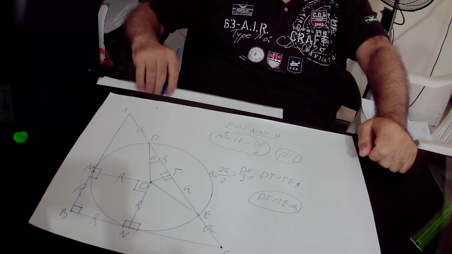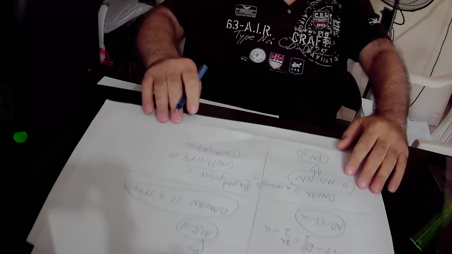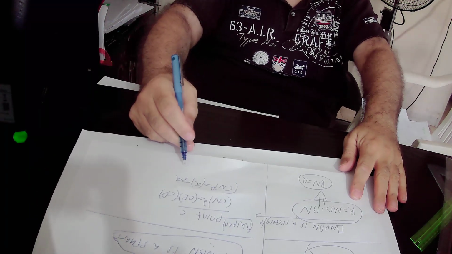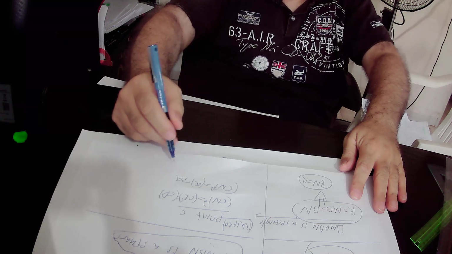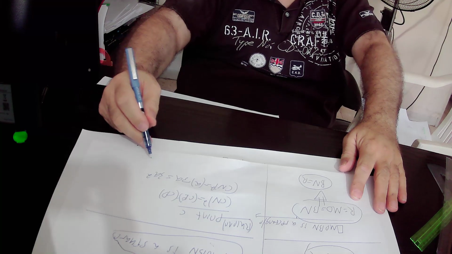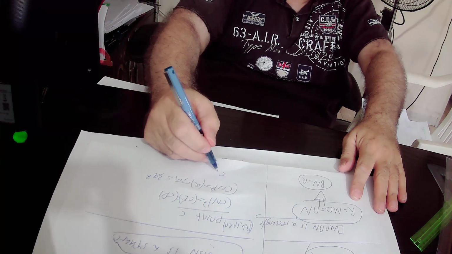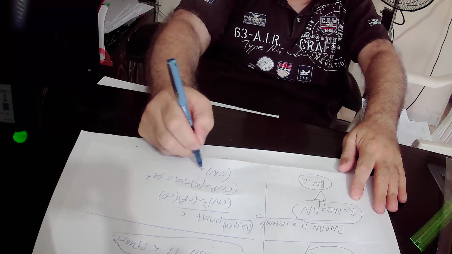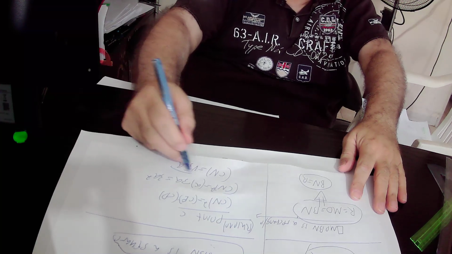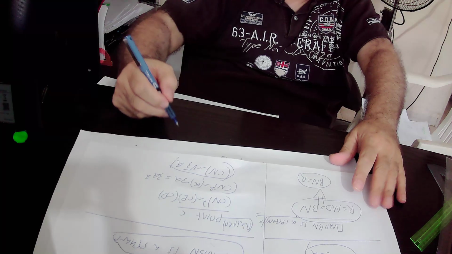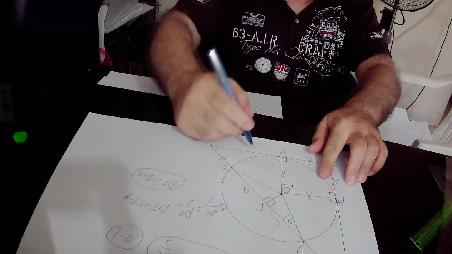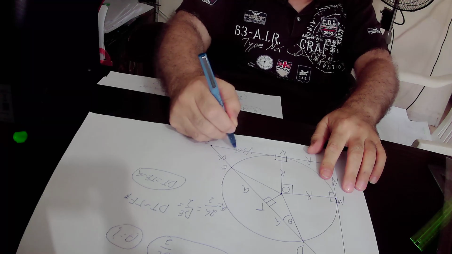So in conclusion, CN squared equals A times 3A, which is 3A squared. Here we take the root of this equation, and we get that CN equals the square root of 3 times A.